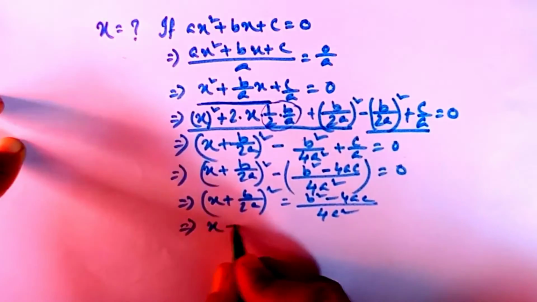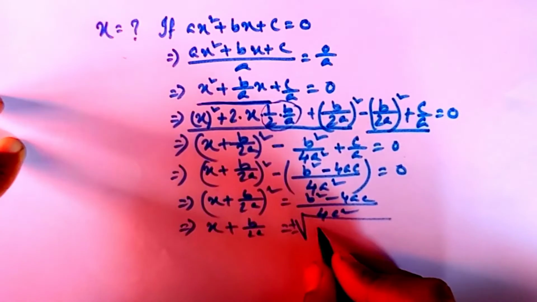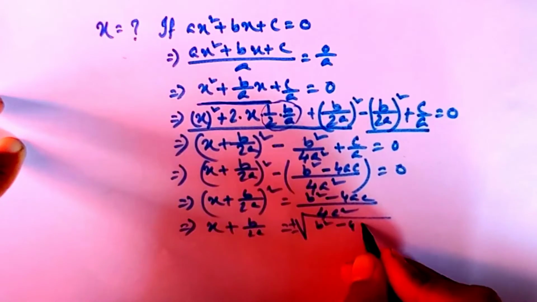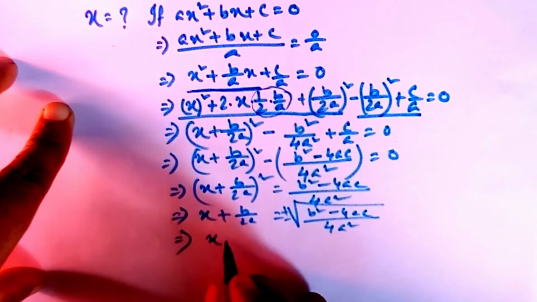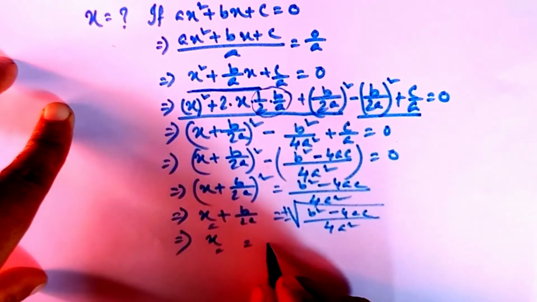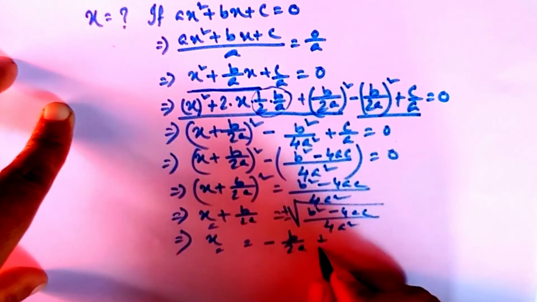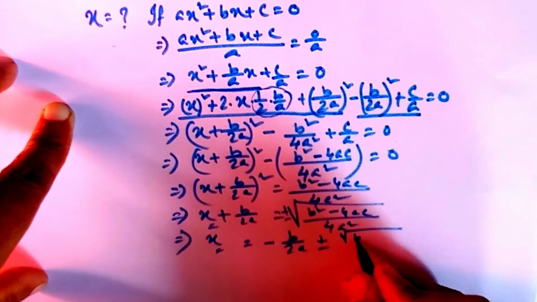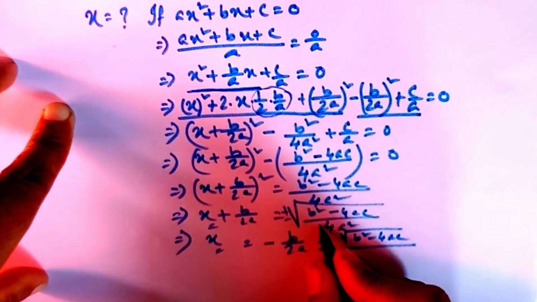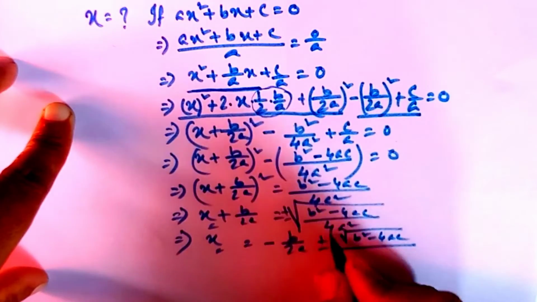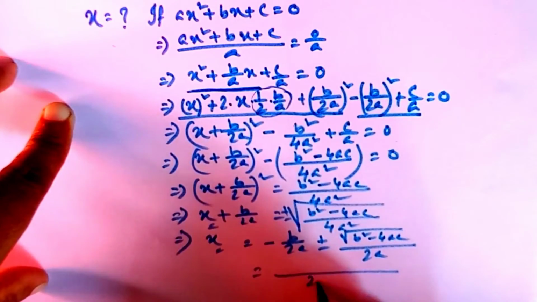So the value of x plus b by 2a is equal to plus minus root over b square minus 4ac by 4a square. So now x is equal to minus b by 2a plus minus root b square minus 4ac, and the root of 4a square is 2a, so the LCM is 2a.